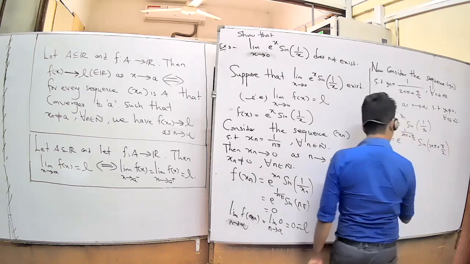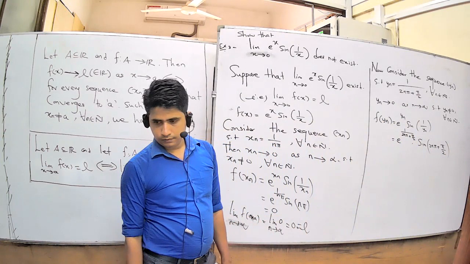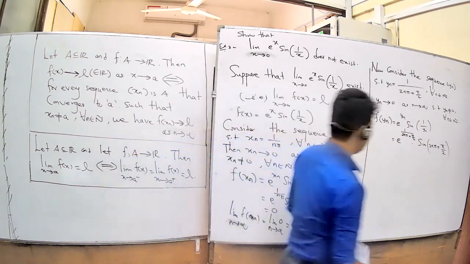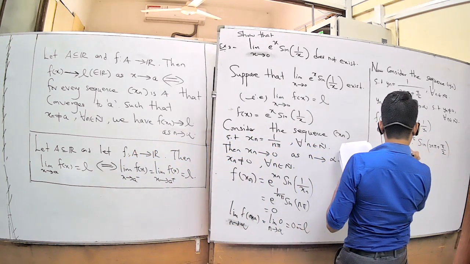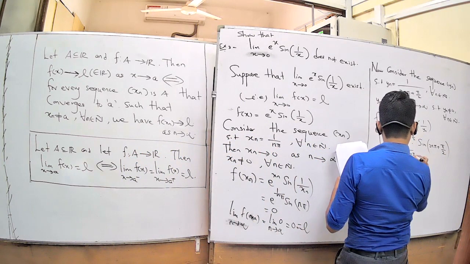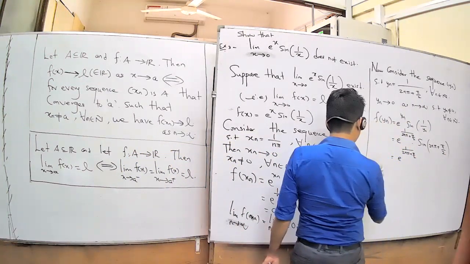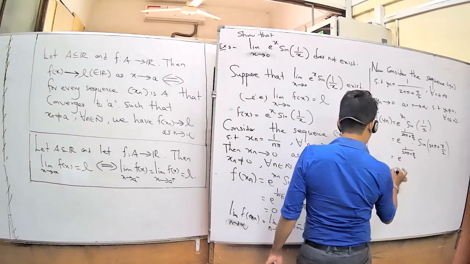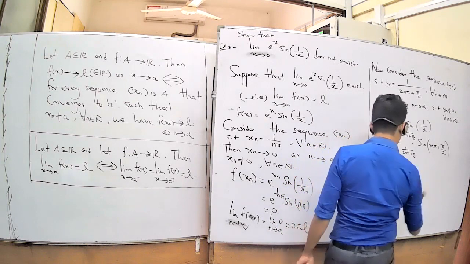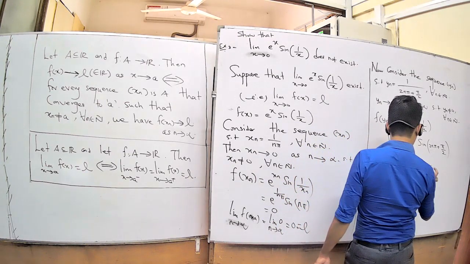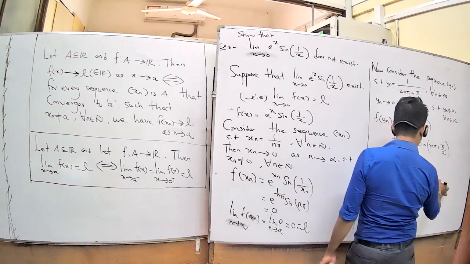Sin(2n pi plus pi by 2) means cos(2n pi), which is 1. Now take the limit of f of y_n as n tends to infinity: e^(1/(2n pi plus pi by 2)), and since 1 over infinity becomes 0, e^0 is 1.